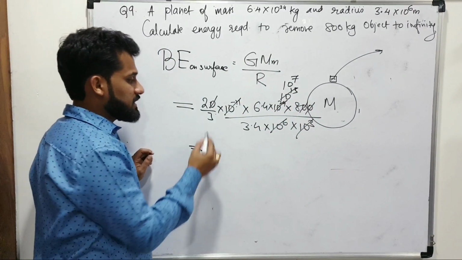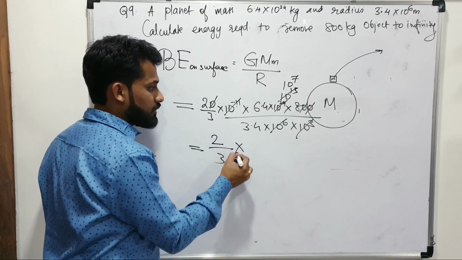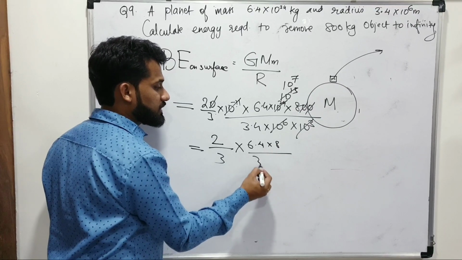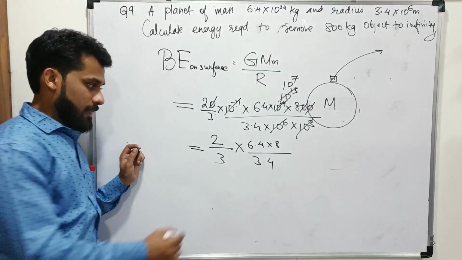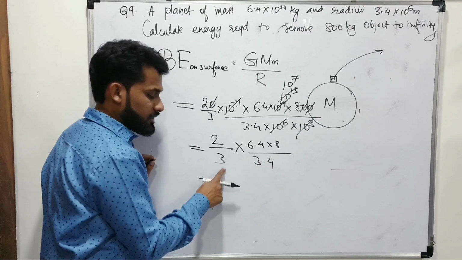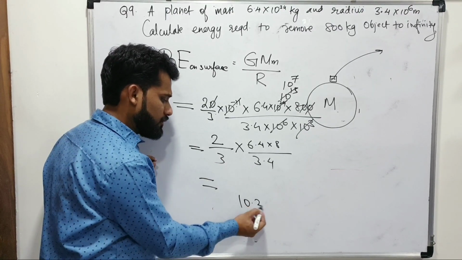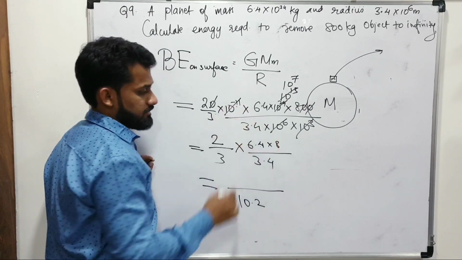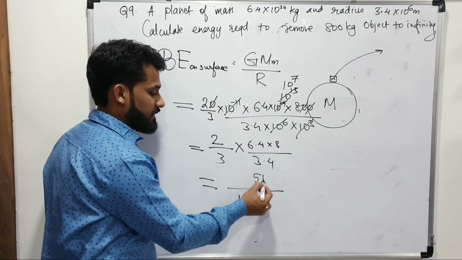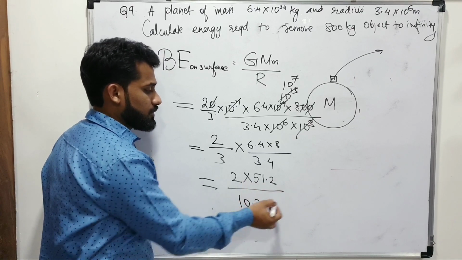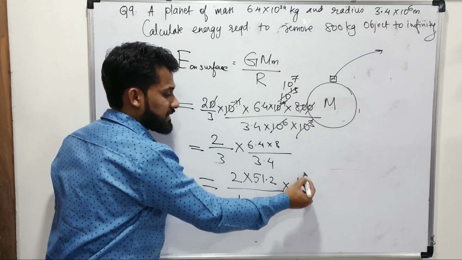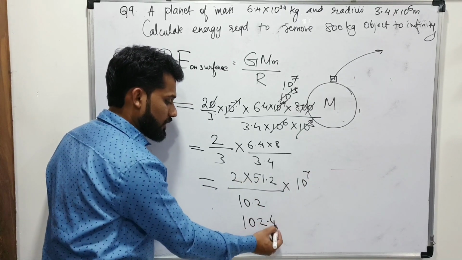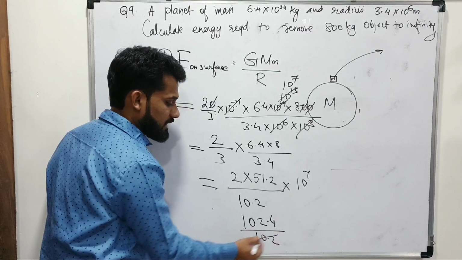So now we'll see the numbers. 2 by 3 into 6.4 into 8, 6.4 into 8 upon 3.4, right? So 3.4 into 3 will be 10.2 and 6.4 into 8 is 51.2 into 2, with 10 raised to 7 left. So 102.4 upon 10.2 is clearly 10.